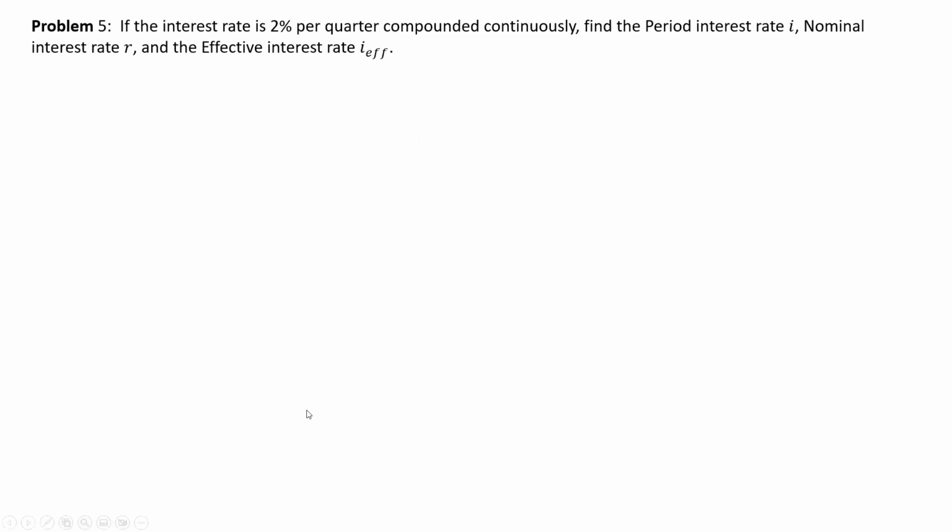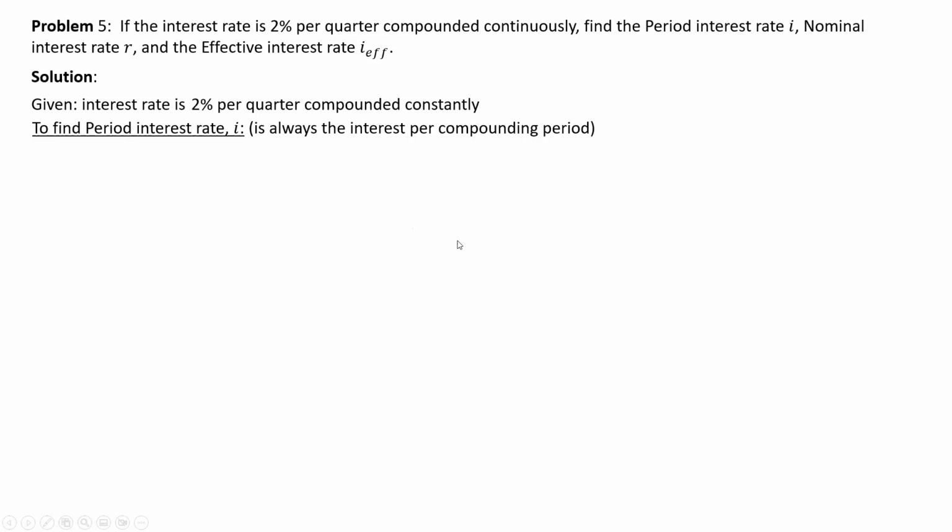All right. Next, the last problem. If the interest rate is 2% per quarter compounded continuously, find the period interest rate I, nominal interest rate R, and the effective interest rate I effective. Let's go. To find period interest rate I, number of periods per year compounded continuously is still infinity.